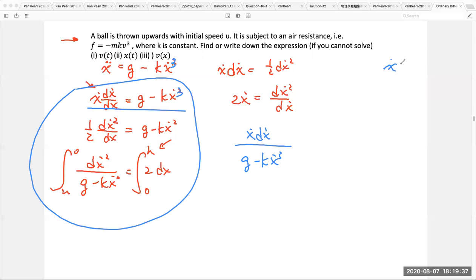Let me do the question like this. If you can solve this one, then you can solve that one, since it is just different by the variable. So how can we solve this one? You need to use partial fractions.